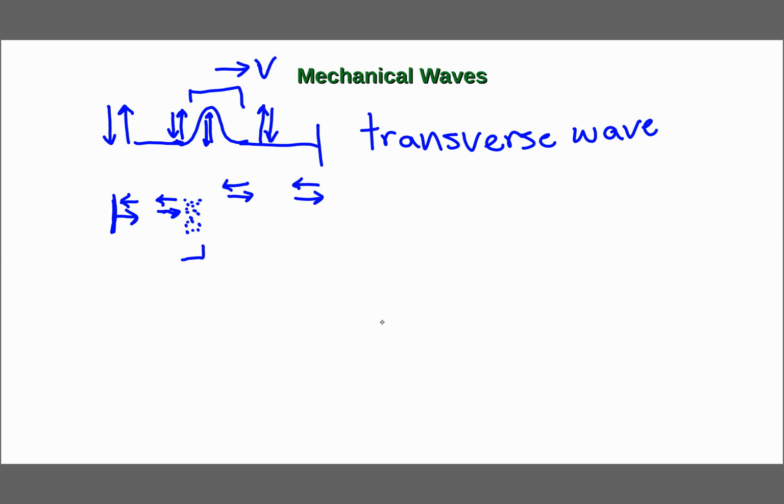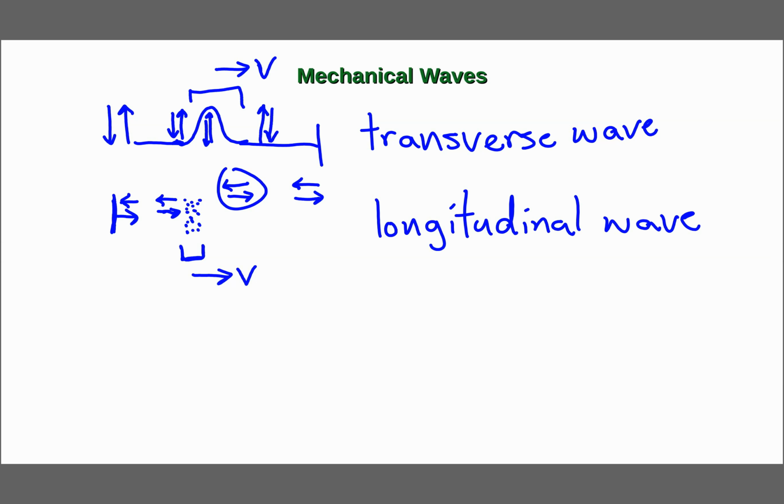And this structure, this little pressure piece, moves like this with some velocity, but each little piece of air is just oscillating like this, moving back and forth. This is called a longitudinal wave.